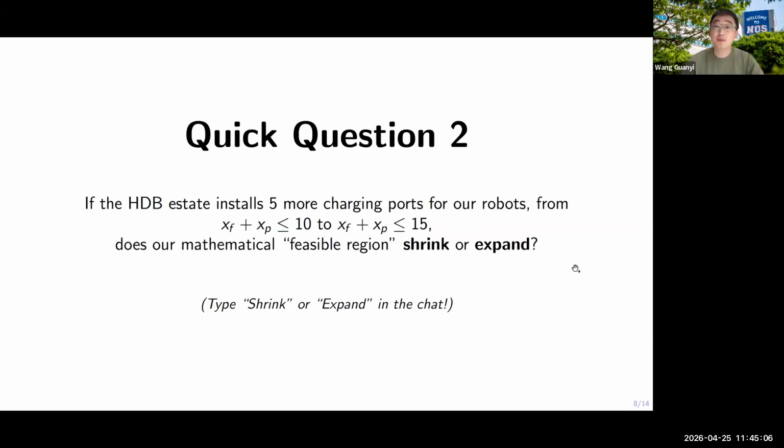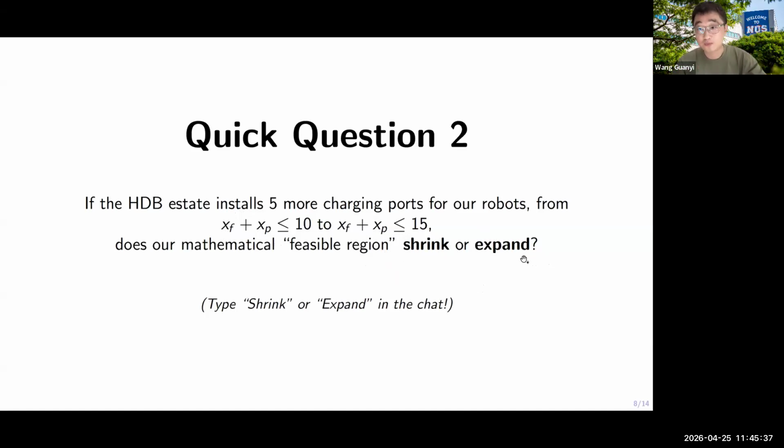I think most of you get the idea that when we increase the right-hand side, the region would expand. Here's the mathematical explanation. When we check whether the feasible region shrinks or expands, the only thing we need to do is see whether an original feasible point is still feasible under the new constraint.